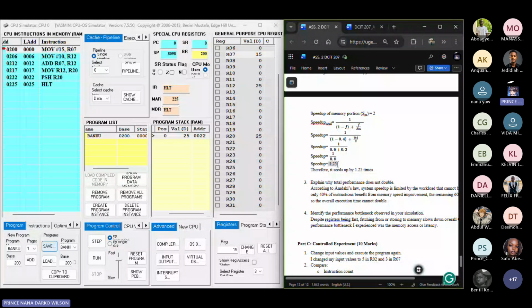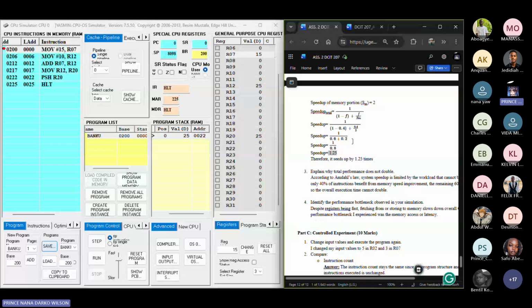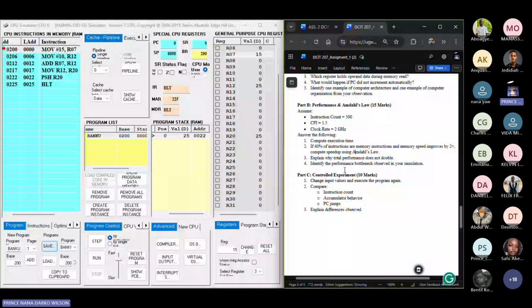It says, explain why the total performance does not double. The single reason why it doesn't double is according to Amdahl's law. If 40% of the instructions in memory are sped up by 2 times, the remaining 60% will still move at the same speed as before. The fact that 40% has raised its speed doesn't mean that all of the CPU's speed has been accelerated.